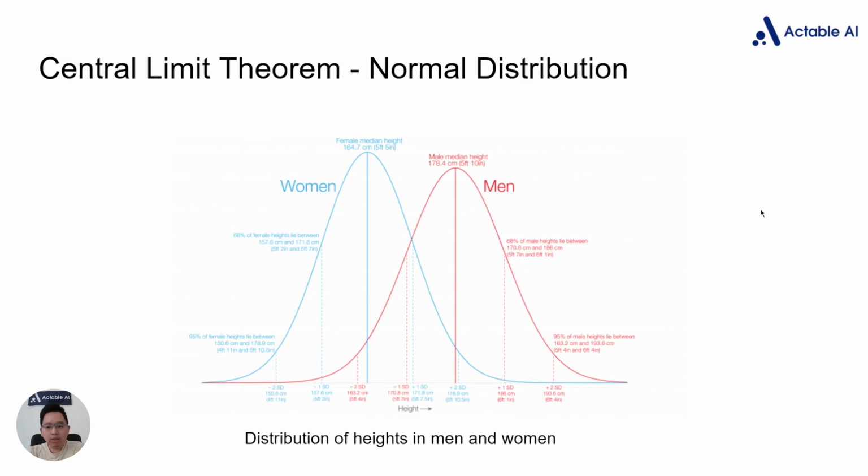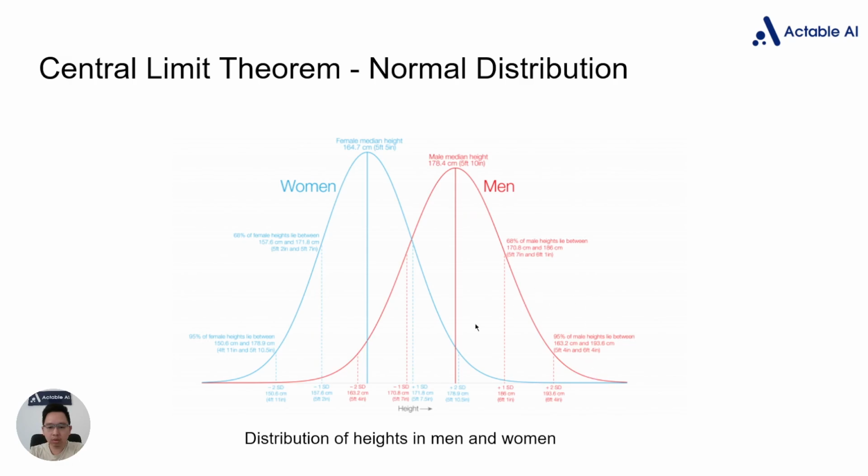Another example of normal distribution that happens in real life is the height distribution of women and men. We can see that the height of women is also distributed in this bell curve shape. We have the mean here and then different values on the other side of the mean. Similarly, if we look at the height distribution of men, we also see that it is distributed in this bell curve shape.